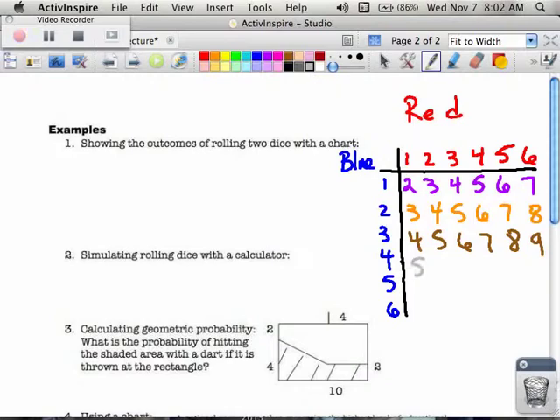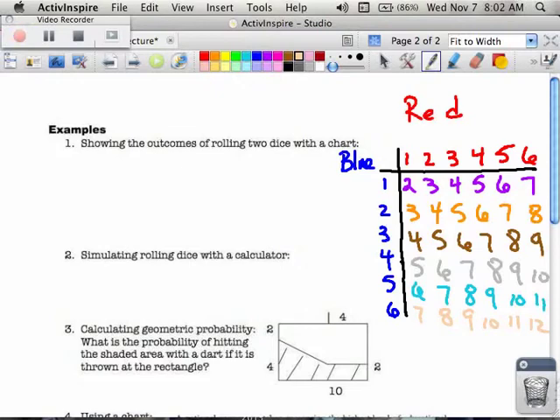And then 5, 6, 7, 8, 9, and 10. And then 6, 7, 8, 9, 10, and 11. And then lastly, 7, 8, 9, 10, 11, and 12. And these are all of the possibilities that could occur when you roll two dice.